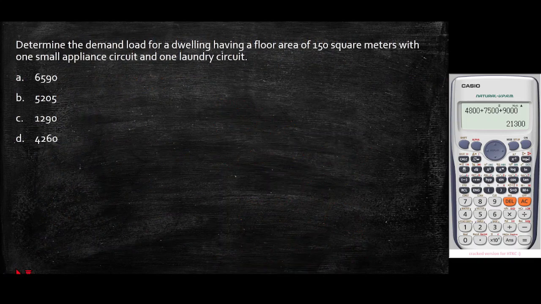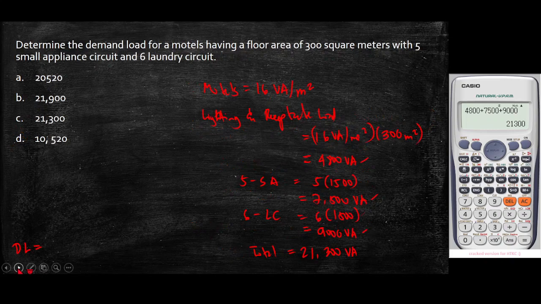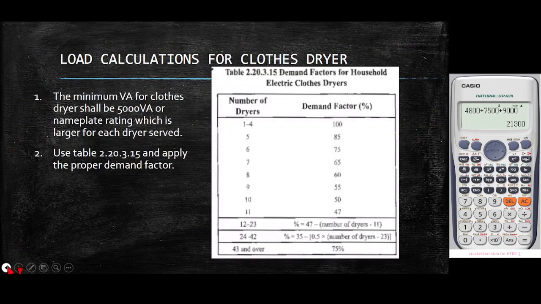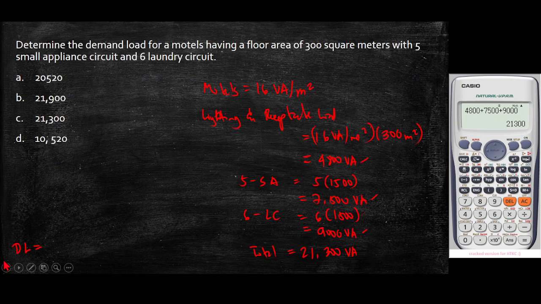So ang total load natin is 21,000. Yung 20,000 natin, i-multiply natin ng 50%. So 20,000 times 0.5. Tapos yung matitira, that is 1,300.